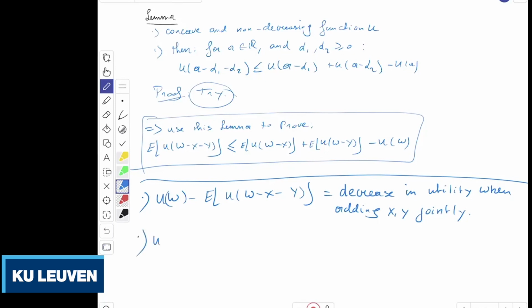And if I look at u(w) minus the expectation u(w - X), this is the decrease when adding only X, right? Same as before.